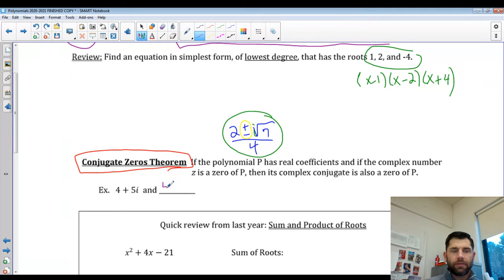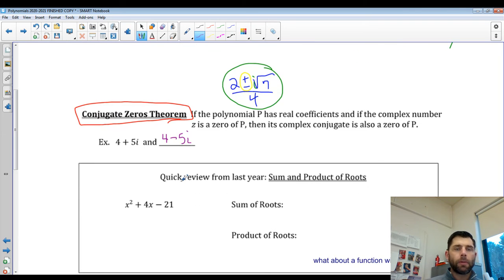So, for example, if 4 plus 5i was a root, that means absolutely without a doubt 4 minus 5i has to be a root. It has to work that way. So just a little bit of foreshadowing. Let's say I now wanted to turn 4 plus 5i and 4 minus 5i into factors. Just like if x equals 4 was a root, x minus 4 would have to be the factor.